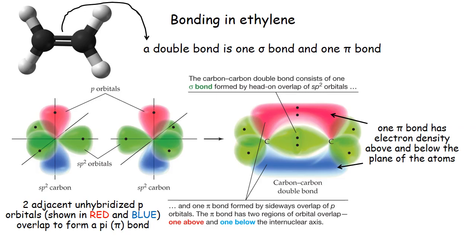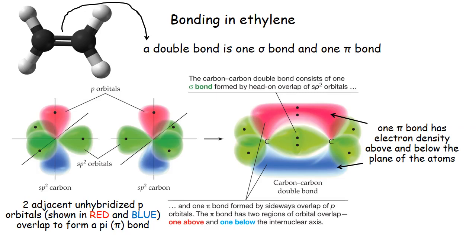In the pi bond, the electron density is above and below the nuclei. So the red and the blue that you see on the right-hand side represent one pi bond, with electron density in two places, above and below the plane of the atoms.